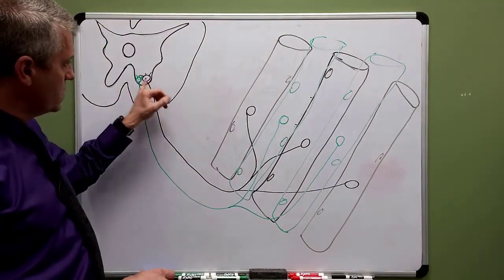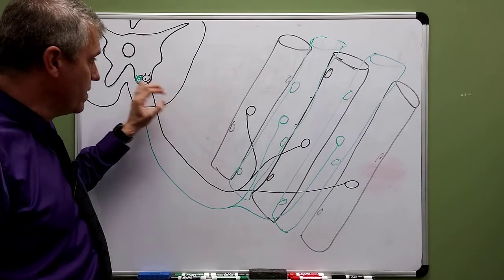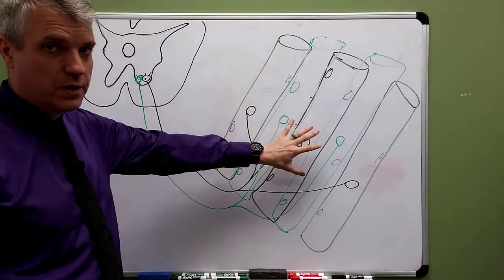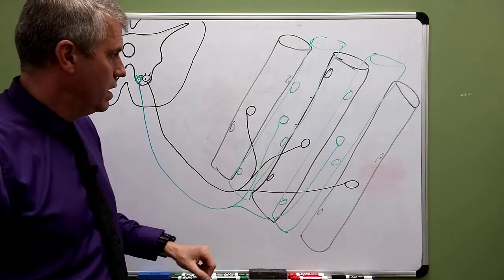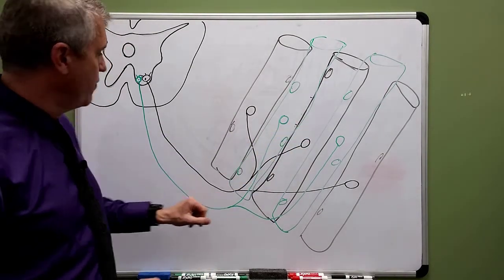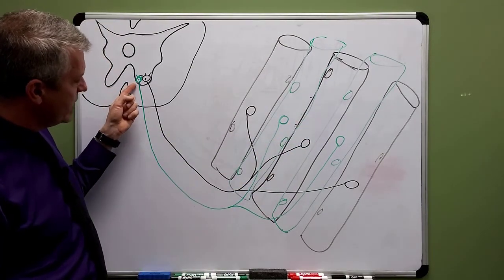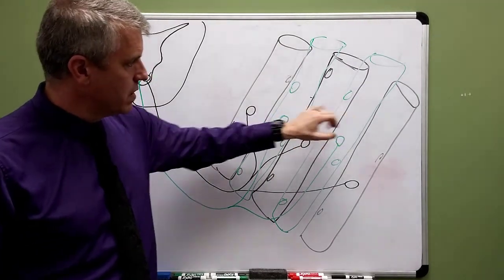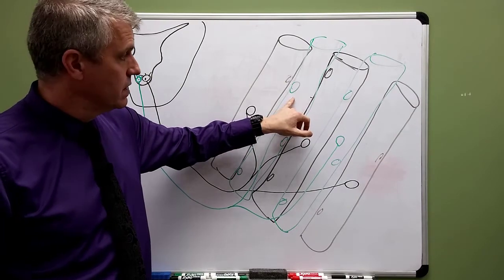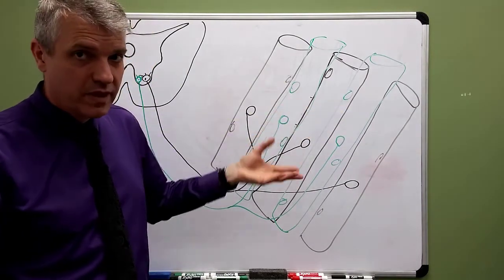If neither of these motor neurons are triggered, if neither of them are stimulated, then I have 0 force of contraction, so no muscle cells are contracting. If I want just a little bit of force, I could just trigger the green motor neuron, and then only the green muscle cells will contract. There's only 2 of them, so I'm getting a little bit of force.